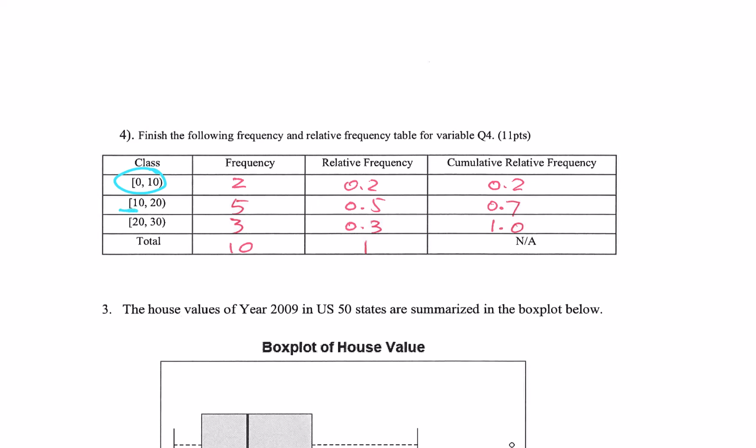Whenever there is a parenthesis, that means 10 is not included. But whenever there is a bracket, that point is included. This is exactly what we mean by a half-closed, half-open interval in mathematics.